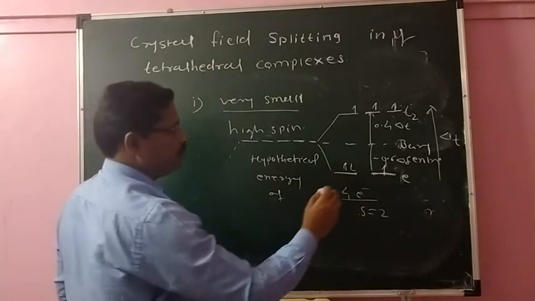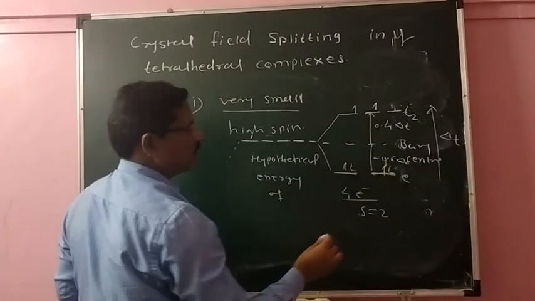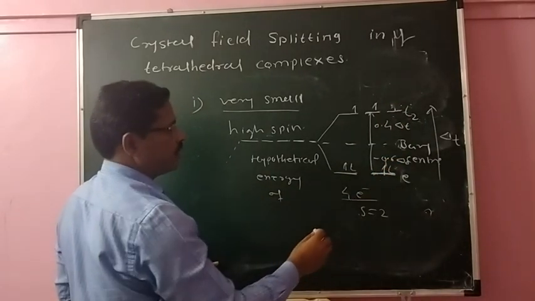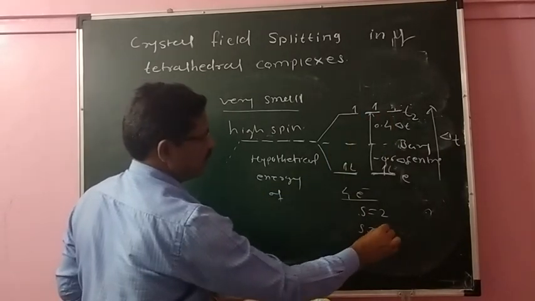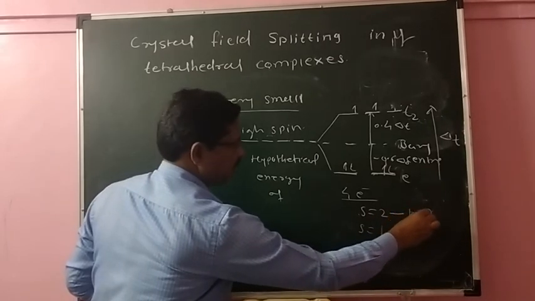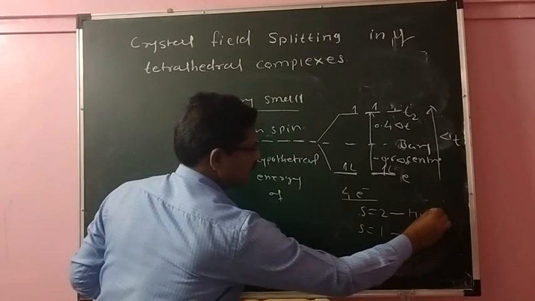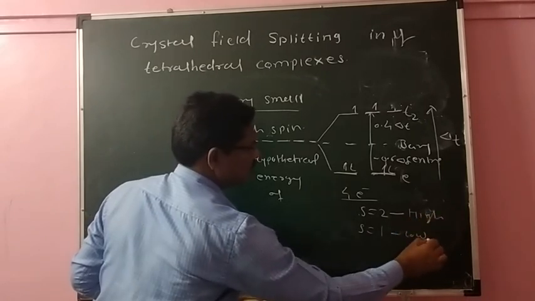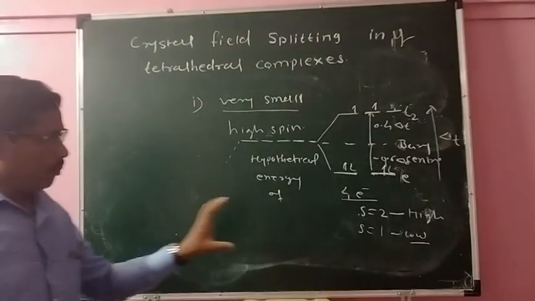If the electrons are paired, this one paired to the second electron, then there are 2 unpaired electrons, therefore the total spin is 1. This is the high spin complex, and this is the low spin. This is known as high spin and low spin complexes.